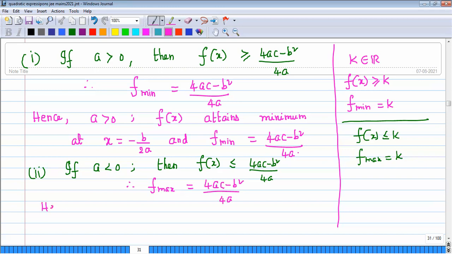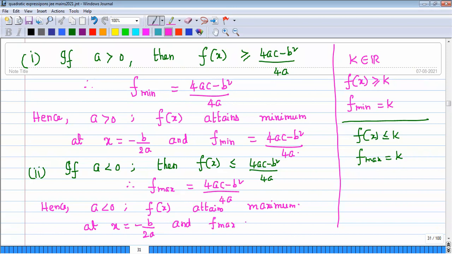Hence we conclude: when a is less than 0, the coefficient of x square is less than 0, f of x attains its maximum at x equal to minus b by 2a only, and the f maximum value is 4ac minus b square by 4a.